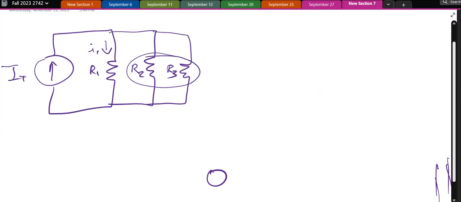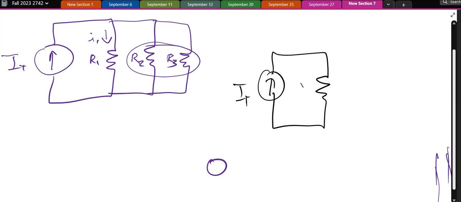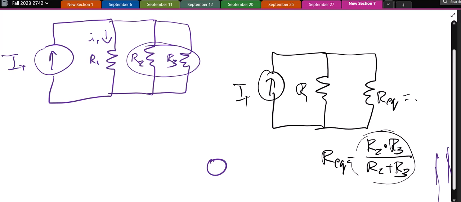So I'd have I total, and then I would have R1, which I don't want to change. And then this one would be REQ, and REQ is going to equal R2 times R3 over R2 plus R3. Then whatever number that is, that's what you use in your current division.